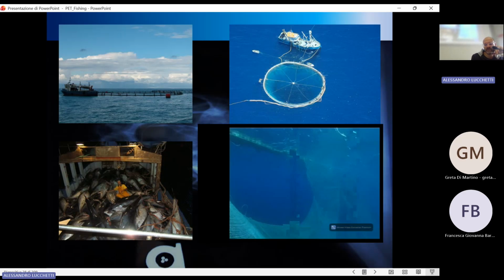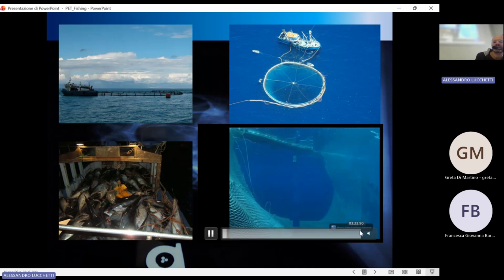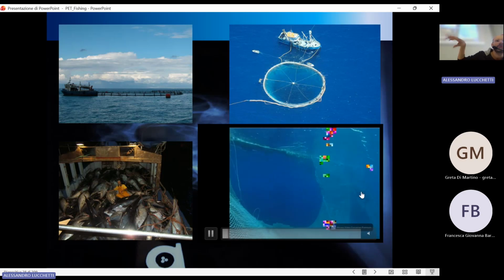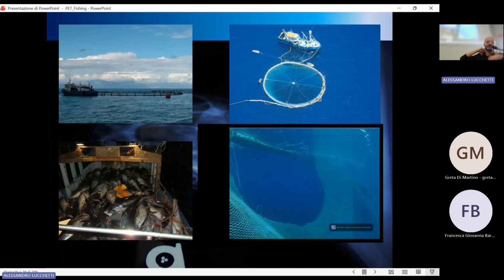They open this kind of window here. They are using divers. Probably the video is not so good, but you can see some divers around this window. And they have to monitor each single specimen with video cameras.